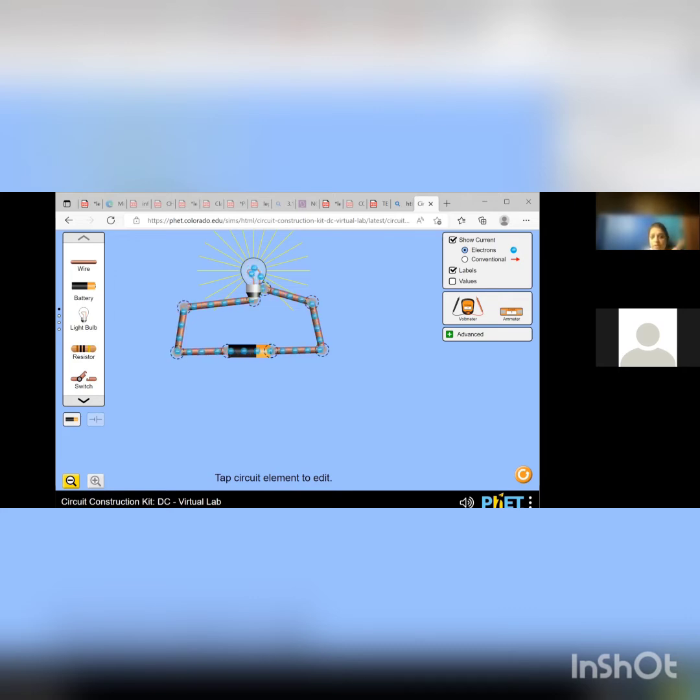So now you see that the light glows. Why is it glowing? Because it is closed. I just forgot to add in a switch, so I'll delete this and put a switch in the circuit. Now you can see that the current has stopped flowing in the circuit. Why so? Because the switch is open.